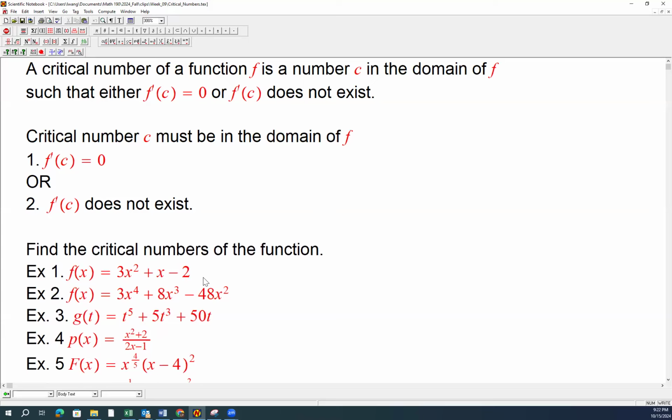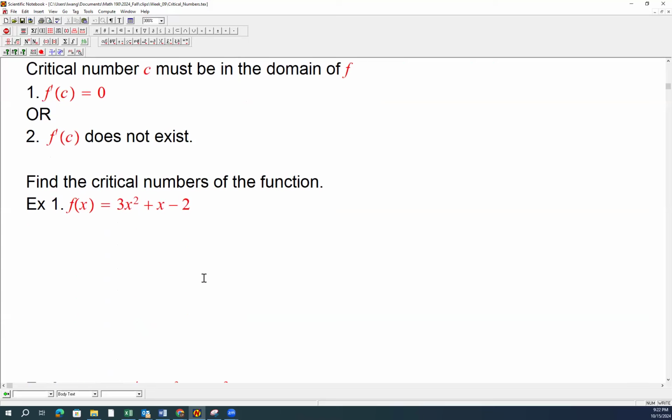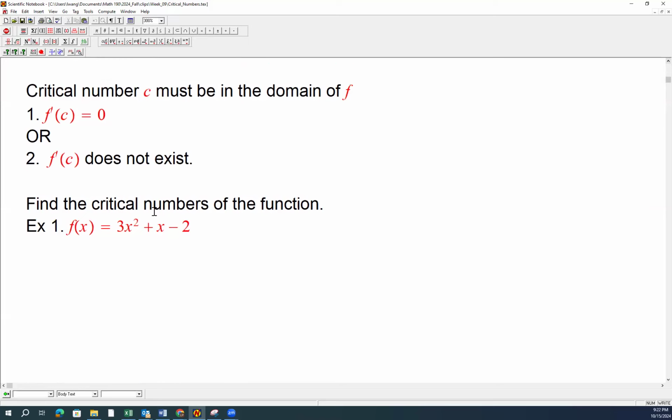The first one, we encountered a polynomial. As a polynomial is defined everywhere, continuous everywhere, it is differentiable everywhere. So we don't have the second category where the derivative does not exist. In this case, it's pretty straightforward. We take a derivative, so we find f prime, which equals 6x plus 1.